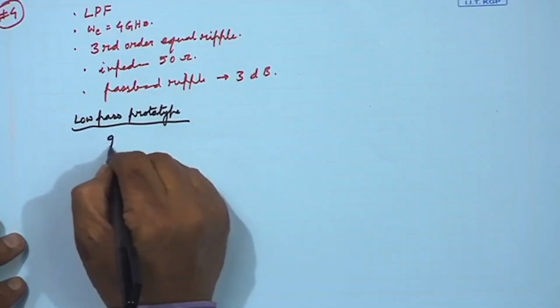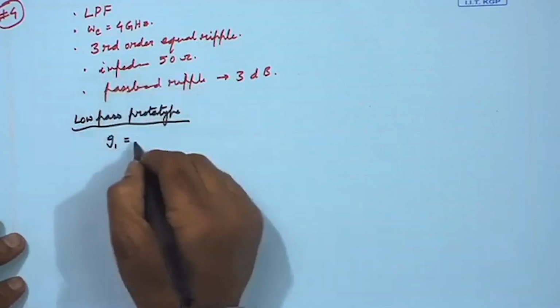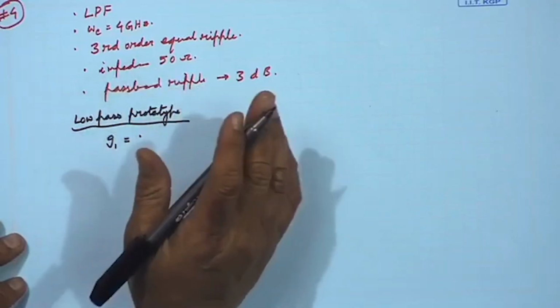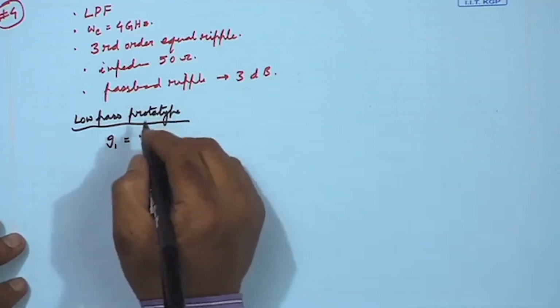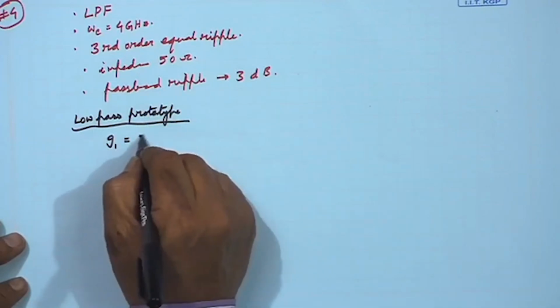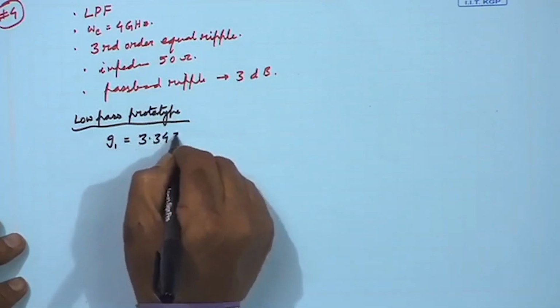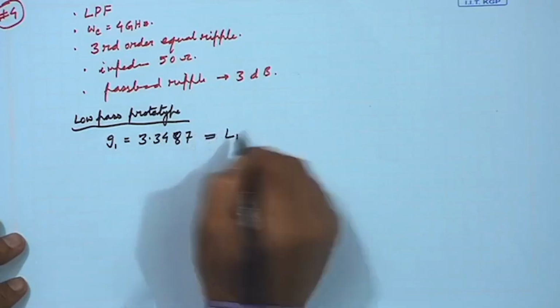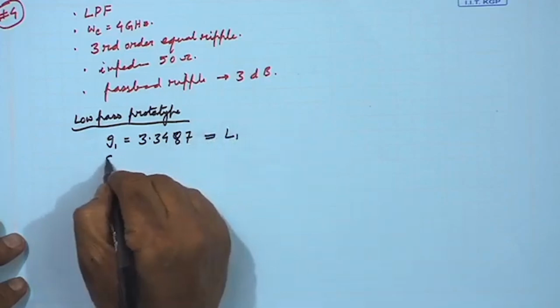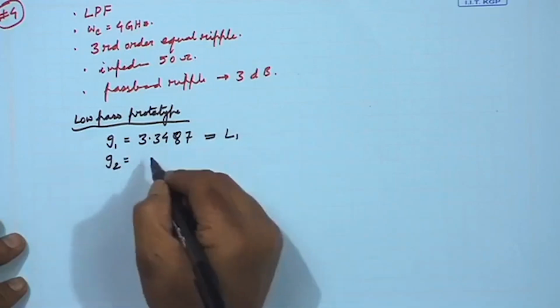So, here from the table, for Chebyshev third order, again you see the final one RL should be 1. So, G1 is 3.3487, and that we can call L1. First one we will take as L1, the series element.